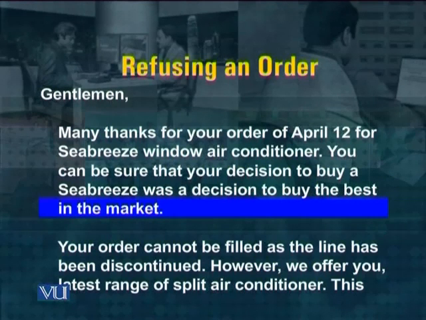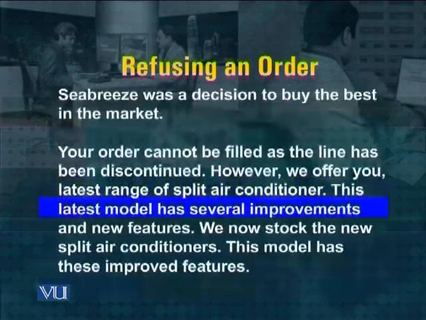Then we give the explanation. Your order cannot be filled as the line has been discontinued. However, we offer you the latest range of split air conditioners. This latest model has several improvements and new features. We now stock the new split air conditioner.